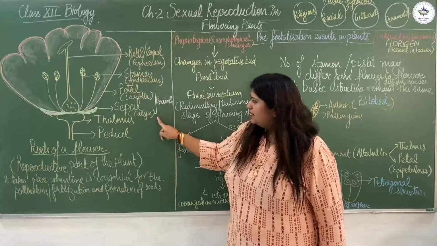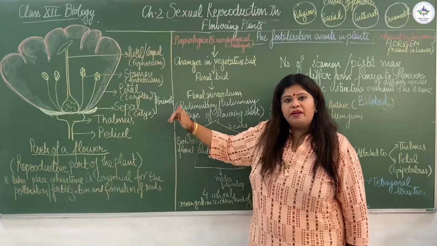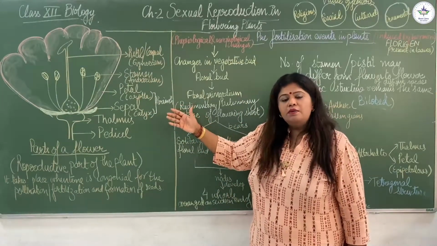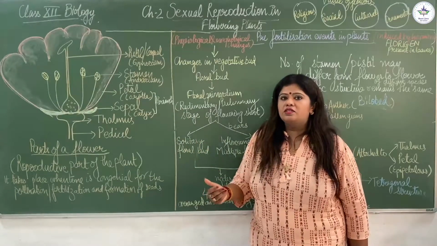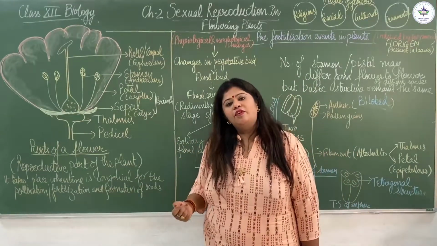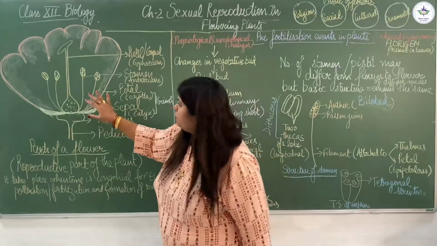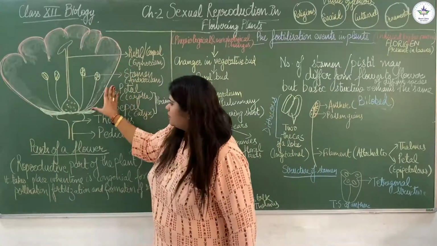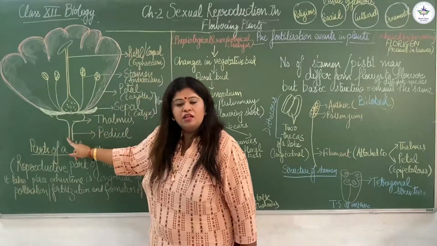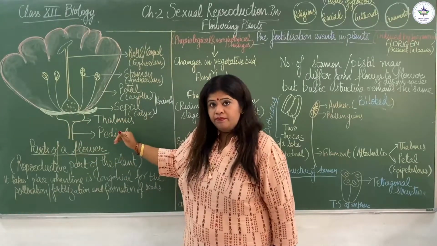Both the corolla and the calyx together form the perianth. So all these terms you should be aware of in your class 12, and they are also important for your medical entrance exams. All these 4 whorls are arranged on a swollen base known as the thalamus.